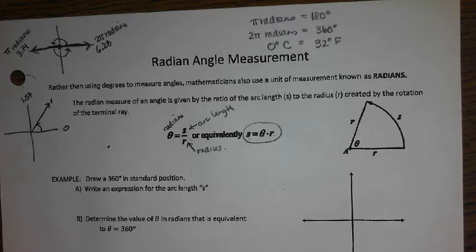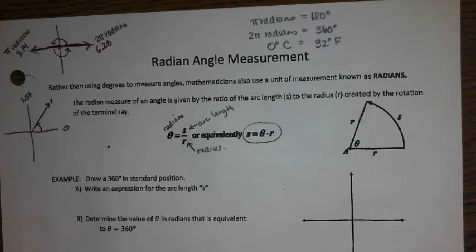This arc length is 3.14 times that. That's why this angle measure is pi radians or 3.14 radians. Because your angle measure is the arc length divided by the radius. So if your arc length is 3.14 divided by your radius, which is 1, that's the angle measure.